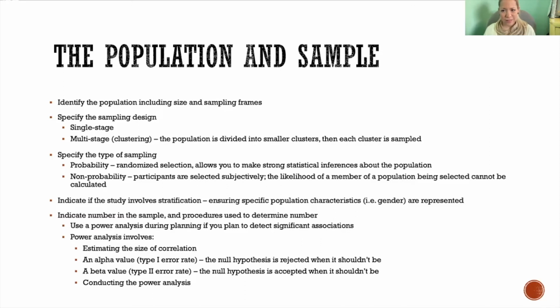So it's statistically stronger, but it logistically is not always possible depending on the nature of your study, who you're studying, what you're studying. And so in that case, you would need to use non-probability sampling, where participants are selected subjectively.